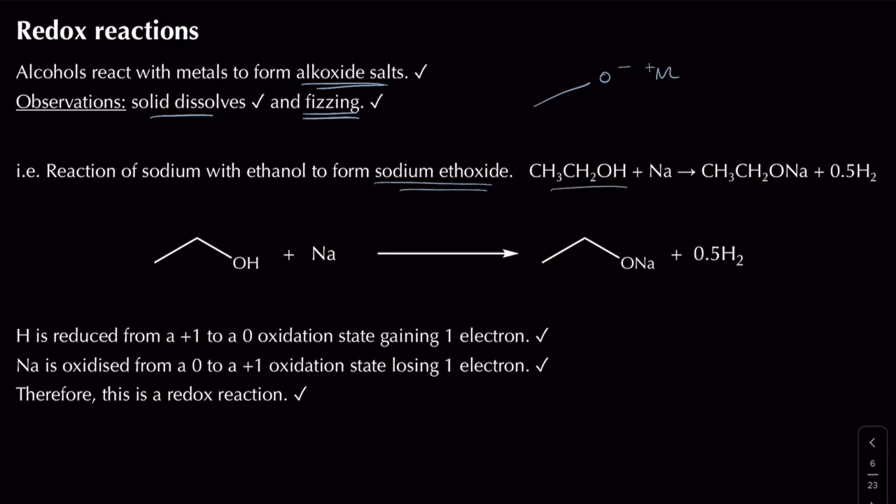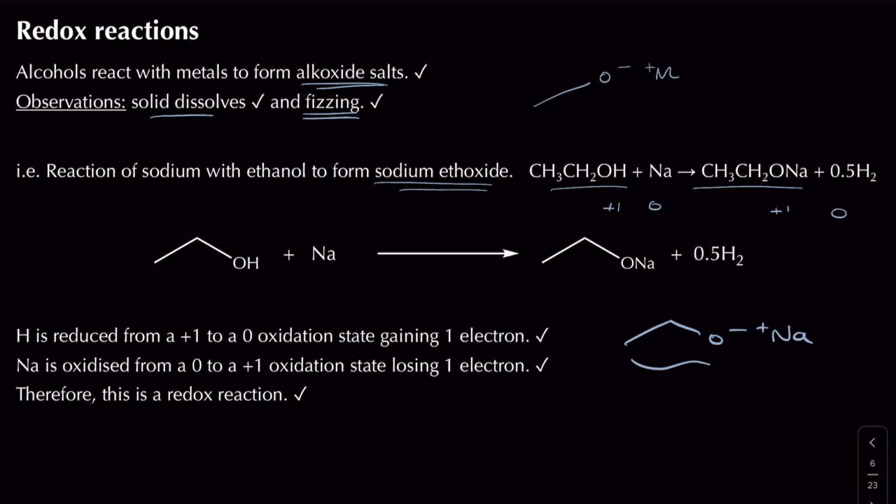In terms of this, we can see it's a redox reaction because the hydrogen is going from a +1 oxidation state to a 0 oxidation state here. Sodium goes from 0 to a +1 oxidation state. Remember, your ethoxide ion is going to look like this. You've got ethoxide there and you've got sodium plus over here.